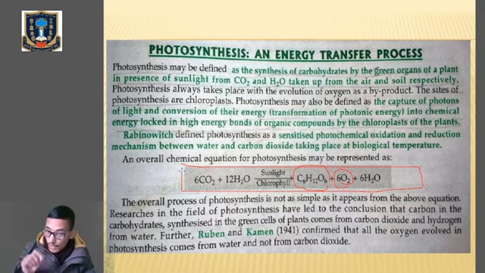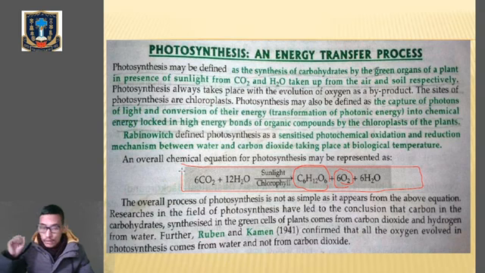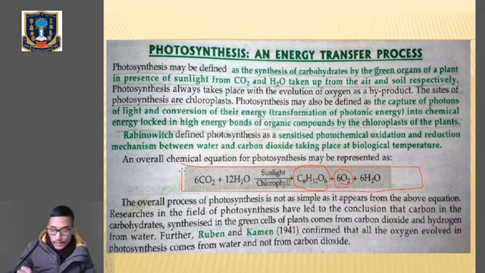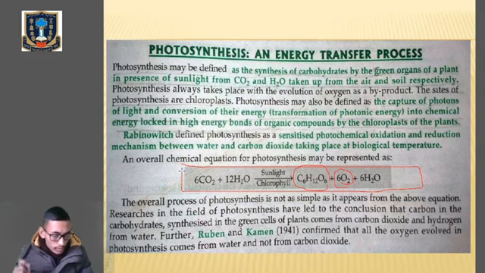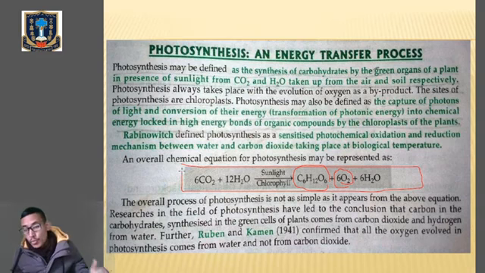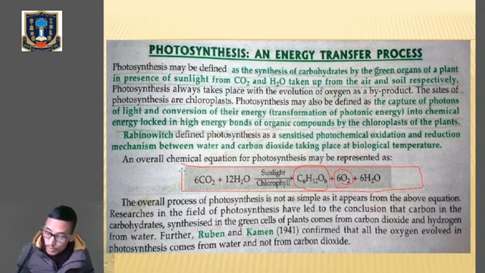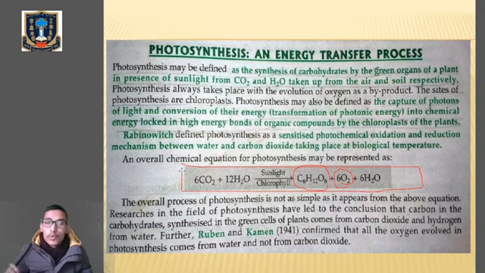That means those carbohydrates or food molecules which are produced during photosynthesis contain the energy for the entire living world on the earth, because those food particles produced by the plants will be consumed directly or indirectly by the other plants or by the animals. Therefore the green plants which perform photosynthesis are called autotrophs, and their mode of nutrition is called autotrophic nutrition.